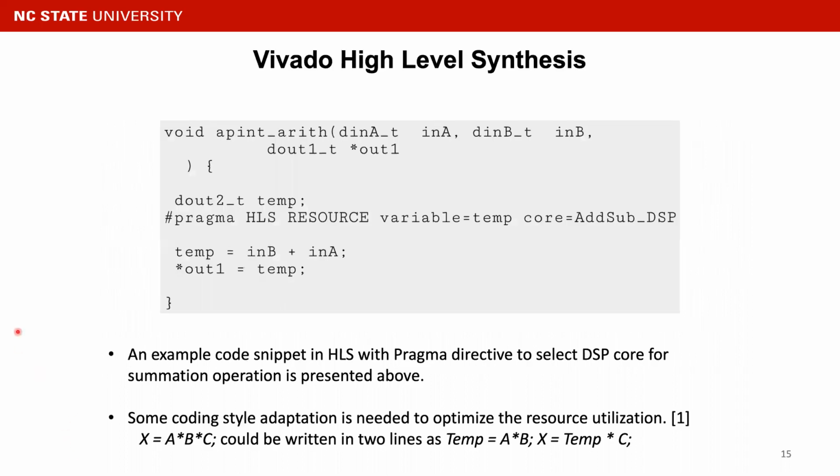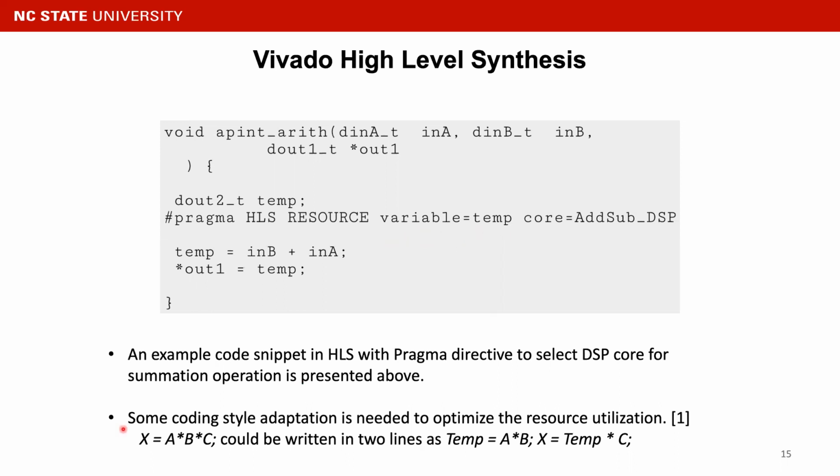And here's an example code snippet in the HLS. As we can see, apart from the conventional C code for the algorithm, we can add these pragma directives for different optimization goals. Here, this directive is used to select the DSP core to synthesize the adder for the summation operation.